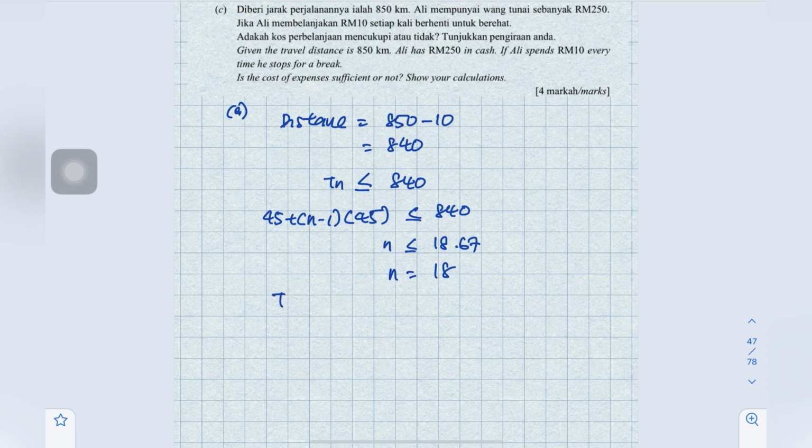So total expenses is 19 times 10, which is RM 190. Okay, 190 is less than 250, so that means the expenses are sufficient. Okay, so sufficient.